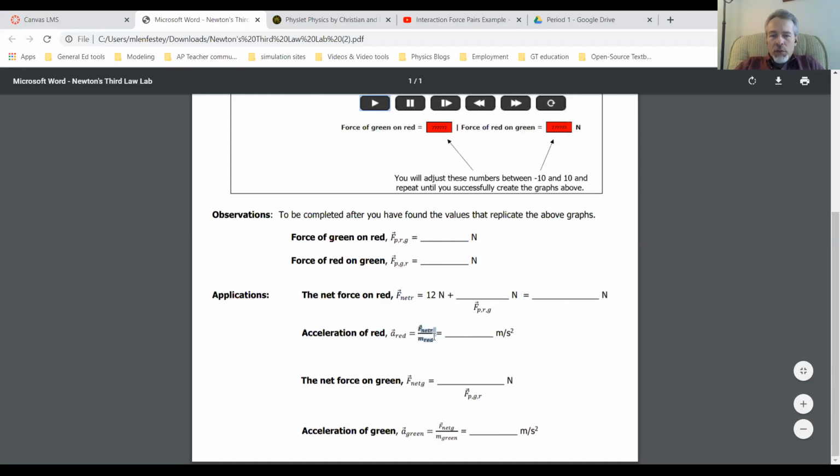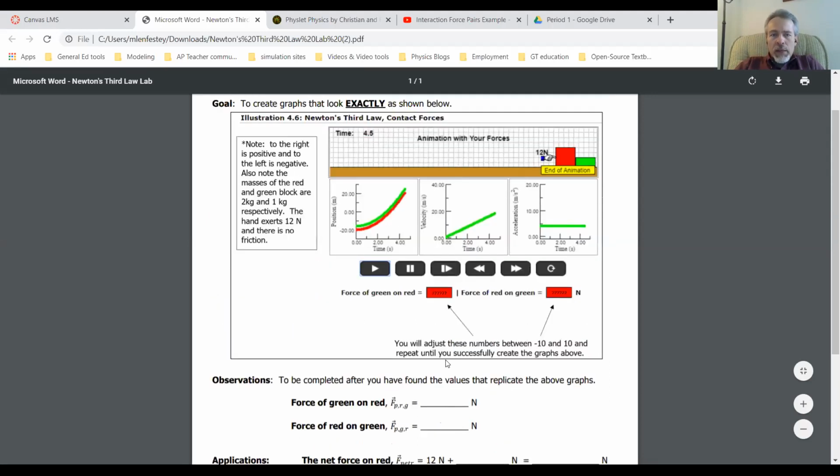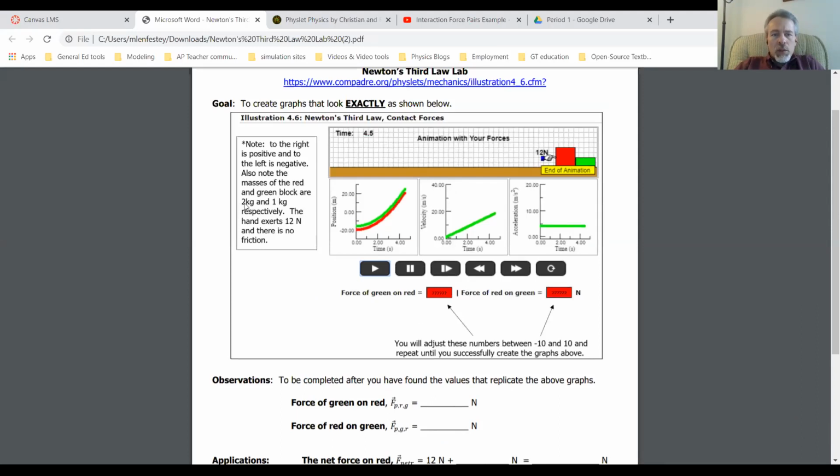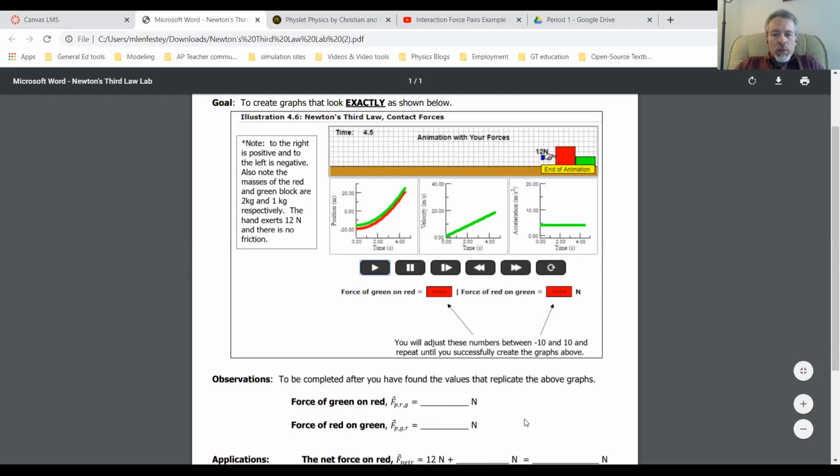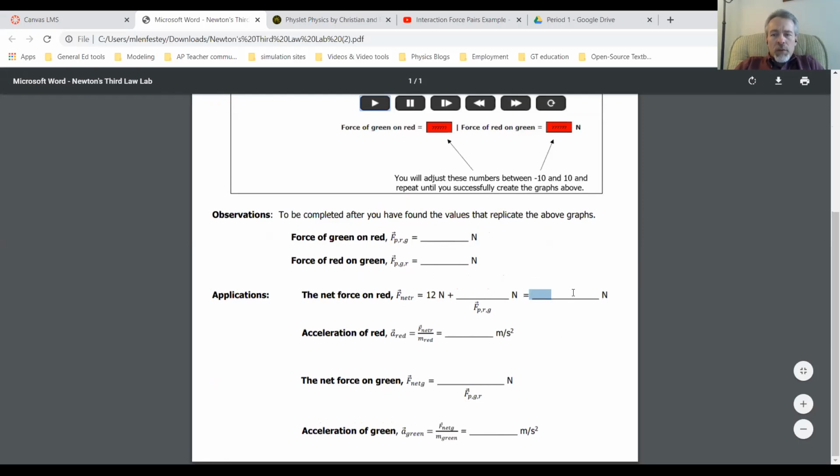It tells you right up here in the note what the masses are. The mass of the red block, which is bigger, is 2, and the mass of the green block is 1. So you're going to divide your net force by 2 to figure out what your acceleration is.